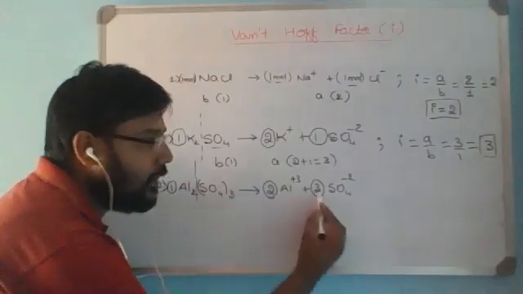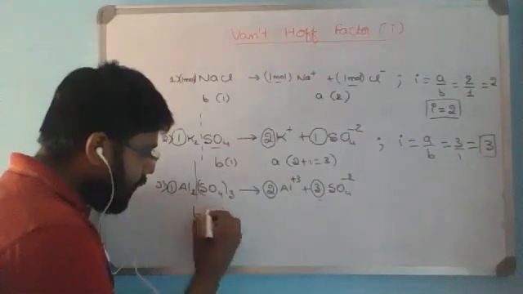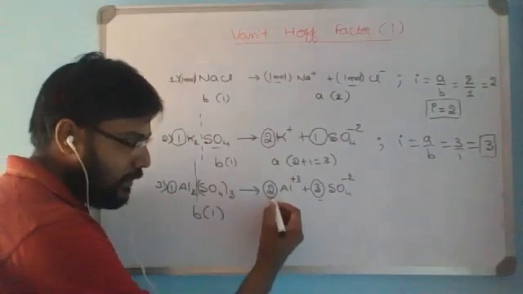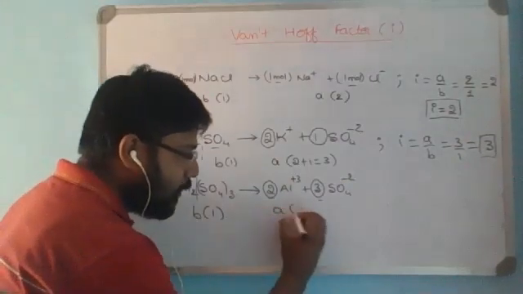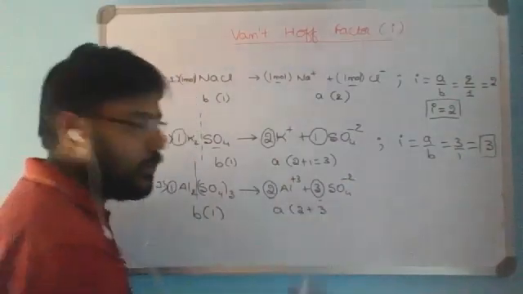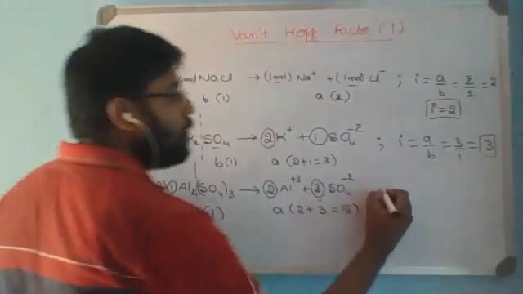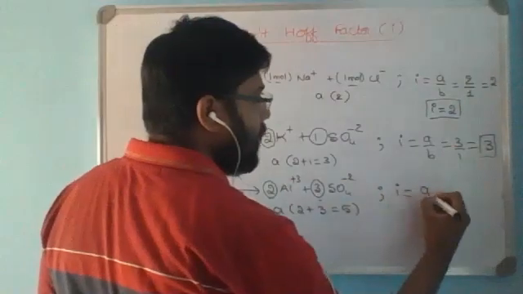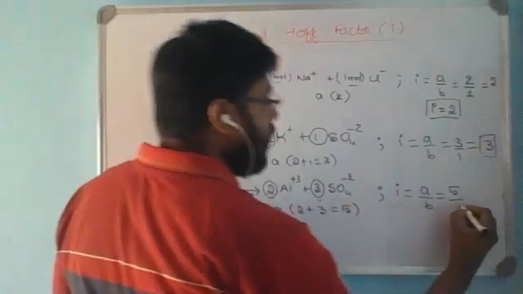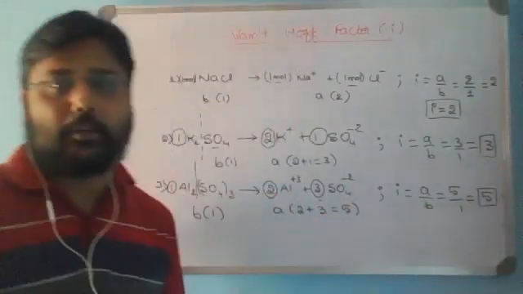Concentrate on the dissociated number of moles of ions from the electrolyte. Before adding, 1 mole of aluminium sulfate; after, in the solution, producing 2 moles of aluminium ions and 3 moles of sulfate ions, together 5 moles. Hence, if you calculate the Van 't Hoff factor now, i is equal to A by B: after adding in the solution 5 moles of ions, before adding 1 mole of compound. So the Van 't Hoff factor i is 5.